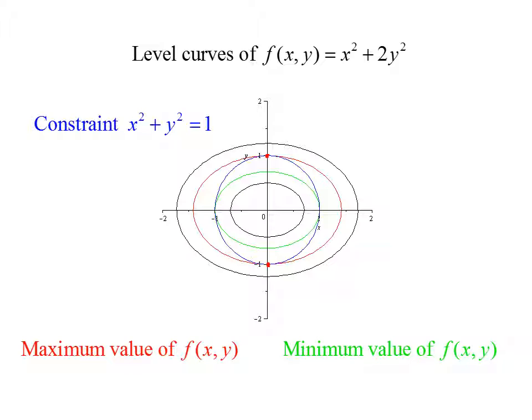And we also have the points 1, 0 and negative 1, 0, where again the level curve, x squared plus 2y squared, is tangent to the constraint curve.